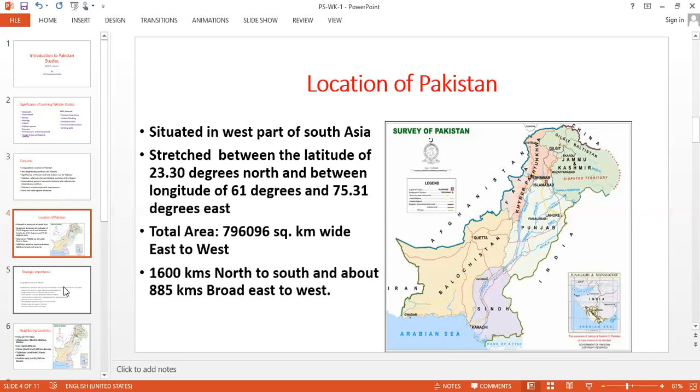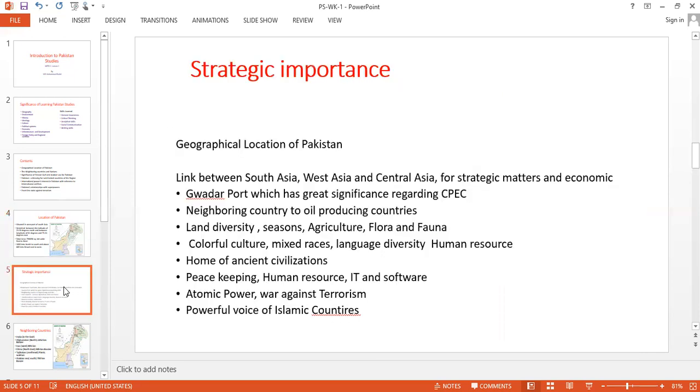Next, strategic importance of Pakistan. Dear students, geographically, Pakistan is situated in a very key position in Asia.